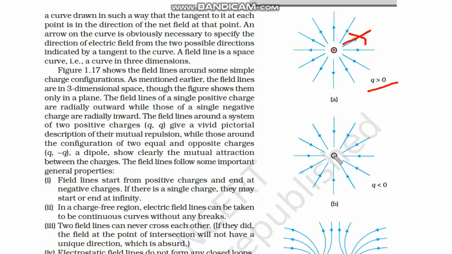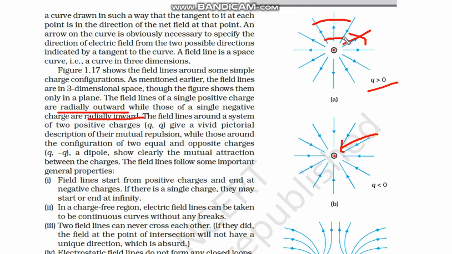But for a negative charge, these are coming inwards, radially inwards. These are either radially outward or radially inward. Their strength is low here, and here the strength is more in the same area.